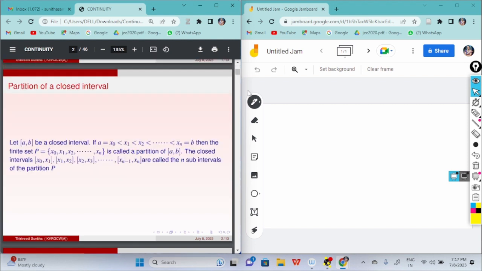Borel's theorem. So see, for partition of a closed interval, let [a, b] be a closed interval.